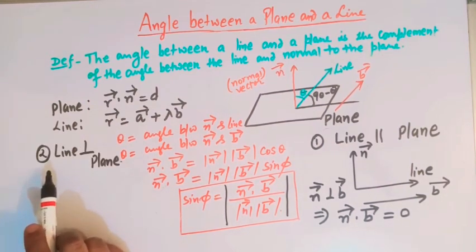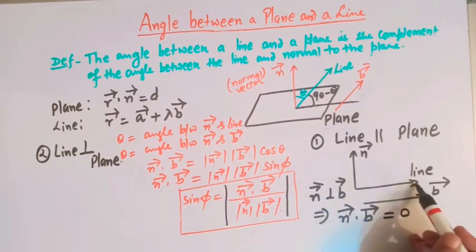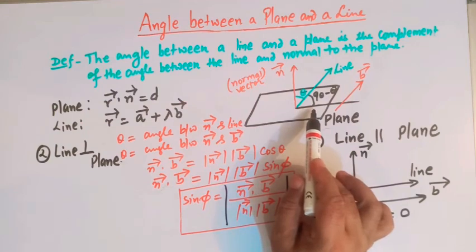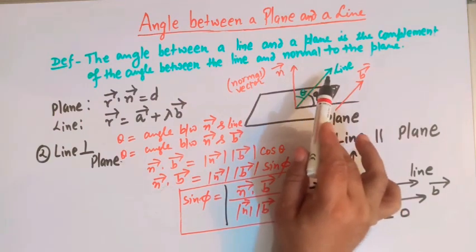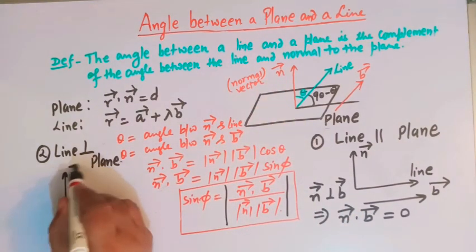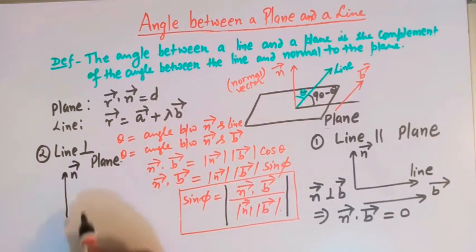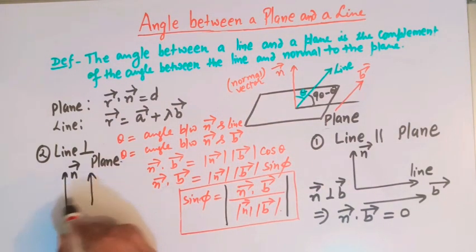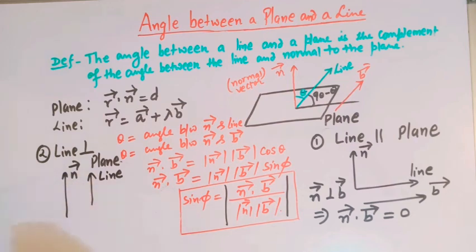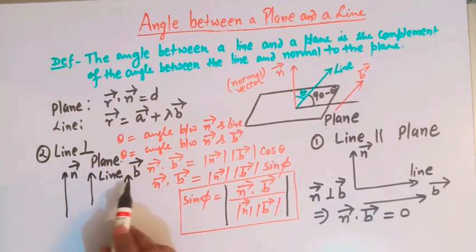Now consider the second situation. If this line is perpendicular to this plane, then the line will be in the direction of the normal. This line will be parallel to this normal vector, and the line is parallel to the vector b, so the normal vector is also parallel to the vector b.